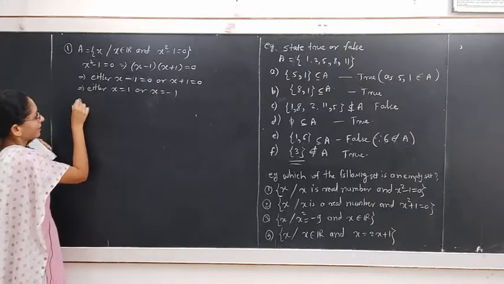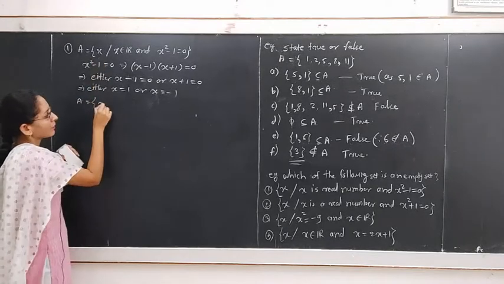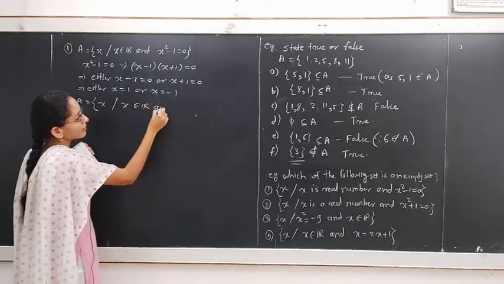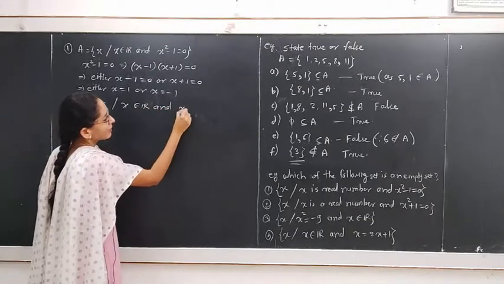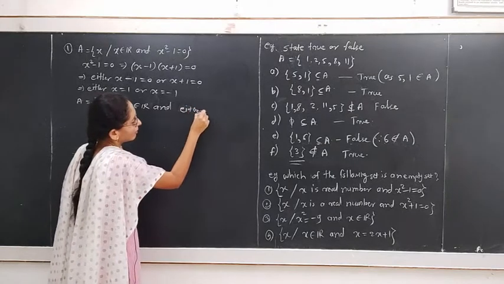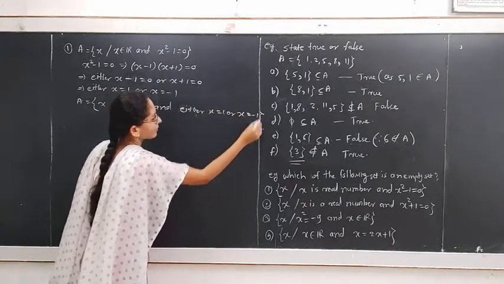Therefore, the set A contains the elements x where x is a real number and either x is equal to 1 or x is equal to minus 1.